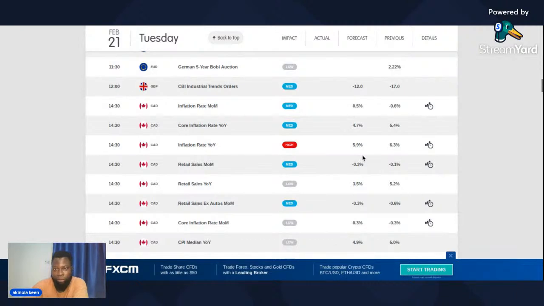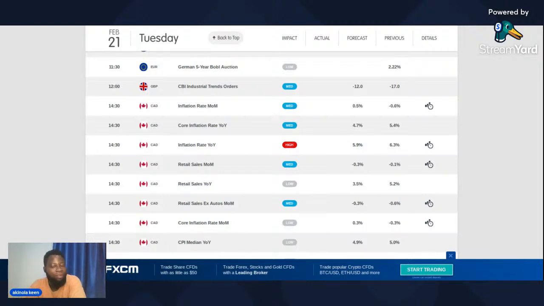The prediction is for the inflation rate to reduce. By this time, you can see 5.9. The previous one was 6.3. The traders' consensus forecasts 5.9, which means that the inflation is going to reduce, which is going to make the Canadian dollar gain a little strength.